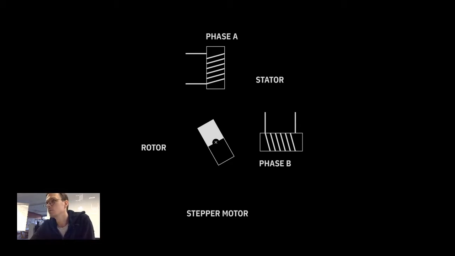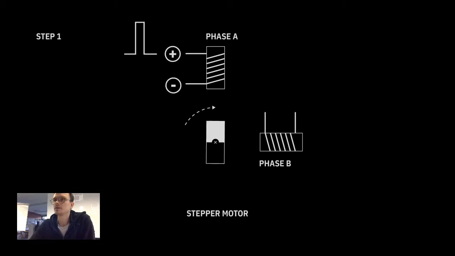Then a rotor, which is usually a permanent magnet in the center of the motor itself, and then phases, which are there in order to make the motor step. You activate phase A and phase B in a sequence in order to make the motor turn. Applying a pulse to phases controls how the rotor is aligned.